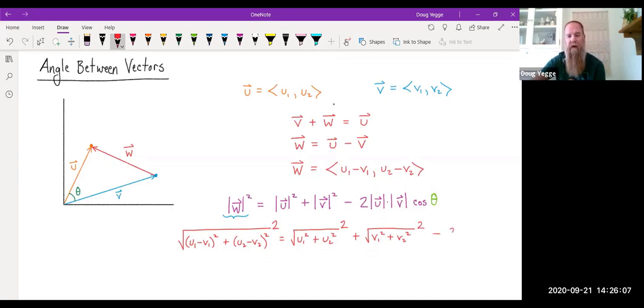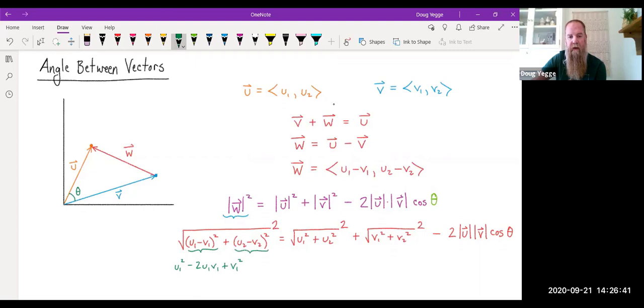Minus, and I'm just going to keep these magnitudes as is for now. So I'm going to say the magnitude of u times the magnitude of v times cosine of the angle between them. So notice what's helpful about this is that squaring the square roots cancels all the square roots. So I'm just going to expand this quantity to get u1 squared minus 2u1 v1 plus v1 squared.